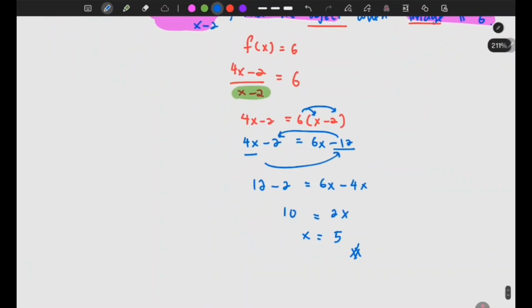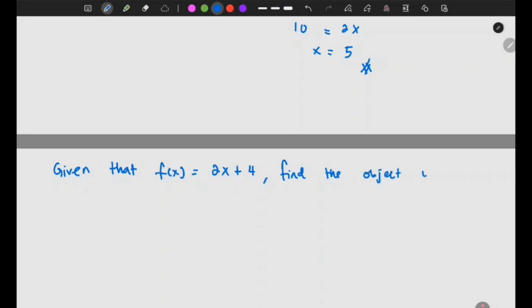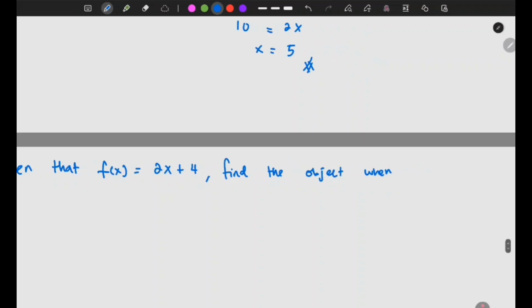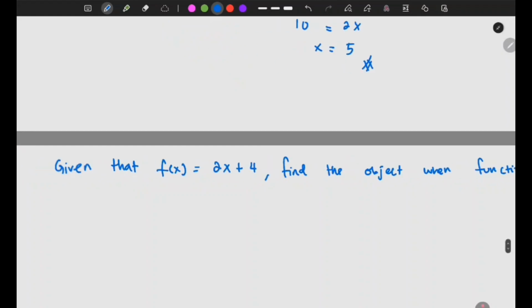Last question. Given that f(x) is equal to 2x plus 4, find the object when function f maps onto itself.